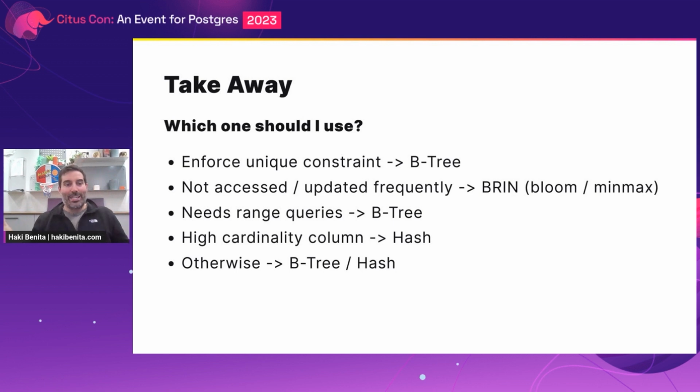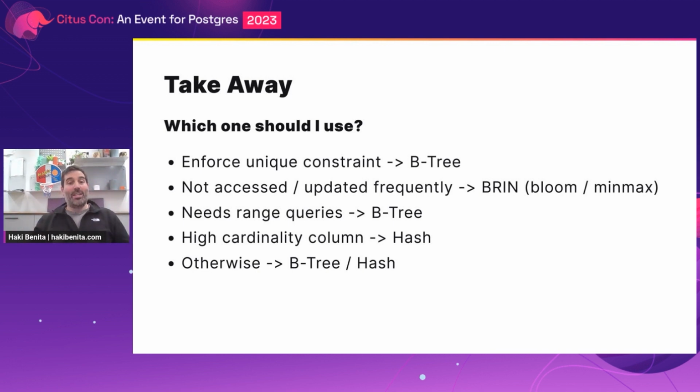And finally, which one should I use? So obviously it depends, and I can't map all the possible needs. But generally speaking, if you need to enforce a unique constraint, there's no other option. You have to use a B-tree index. That's correct for most OLTP systems. Second, if you don't need to enforce a unique constraint and you have data that is not accessed or updated very frequently, okay, you can use a Brin index, either Bloom or min-max, depending on the correlation.